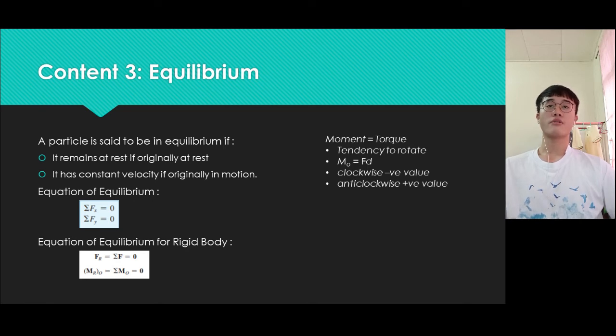The moment has the formula of force multiplied by the distance from the pivot, and the force applied and the distance from the pivot must be perpendicular. A clockwise moment has a negative value, while an anti-clockwise moment has a positive value.